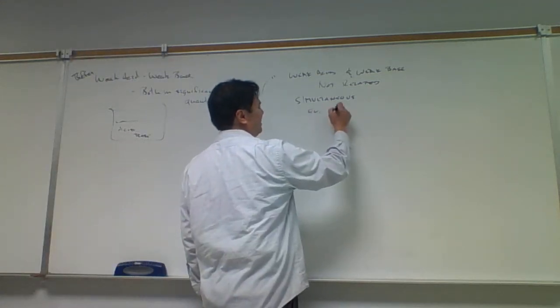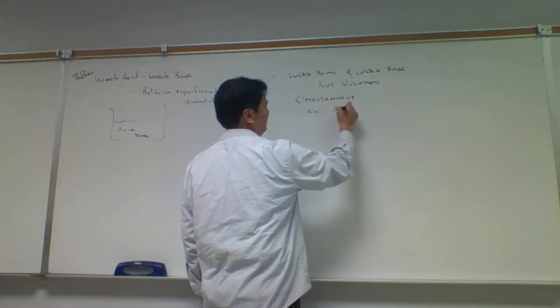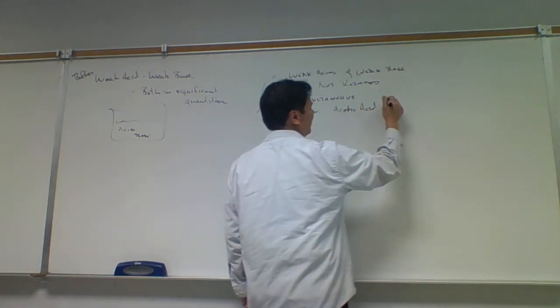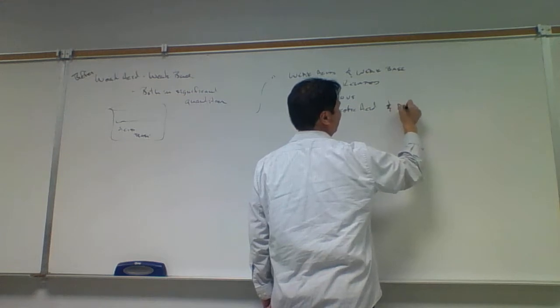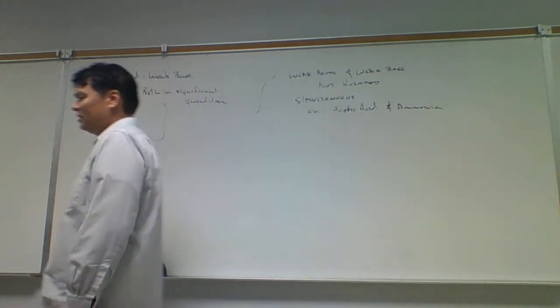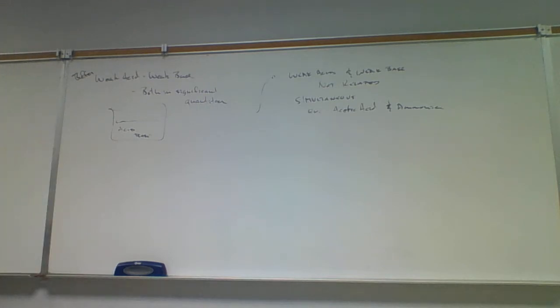So example, we looked at acetic acid, I think, and ammonia. I think we looked at the reaction between acetic acid and ammonia, and then we tried to figure out the pH. Is that right? Does somebody have it in their notes?